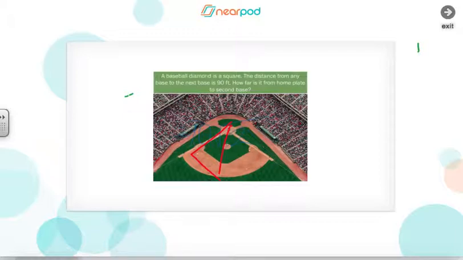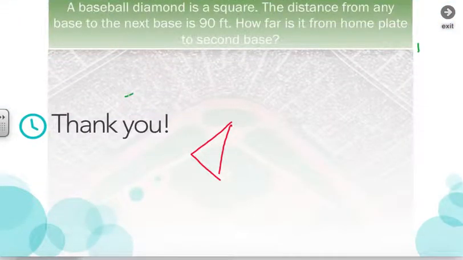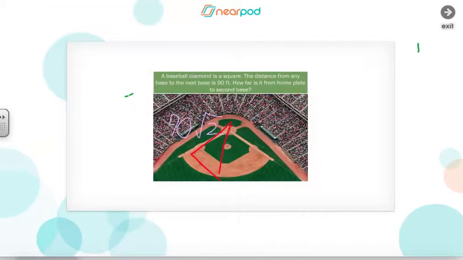And as I'm looking at everyone else's, I'm seeing that everyone else has pretty much the same thing. Let's look at Reese's real quick. His also says 90 times the square root of 2. Just make sure that 90 times the square root of 2 is going to be this distance right here, which is our hypotenuse. And if you look at the exercise worksheet, that is actually number 4. So we did that one together.